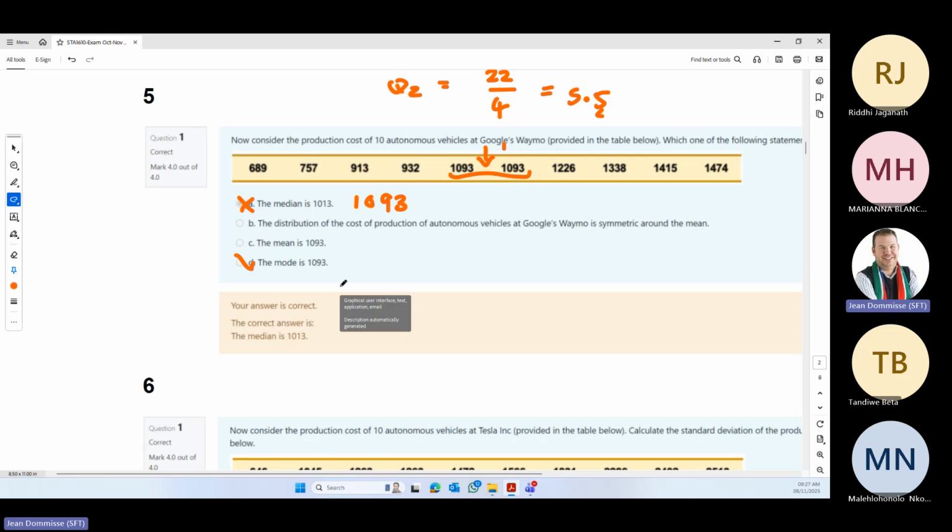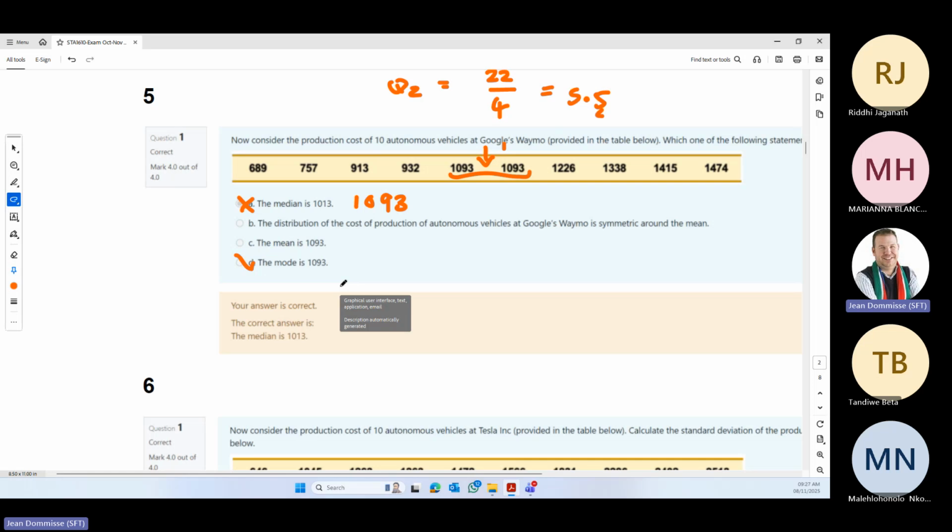So the one is asking us about the distribution. Is it symmetric? So it can only be symmetric when mean, median, and the mode is exactly the same. At the moment, median and mode is the same, so most likely mean will also be, but let's just test it.